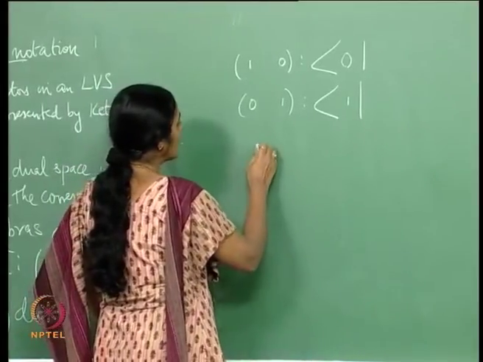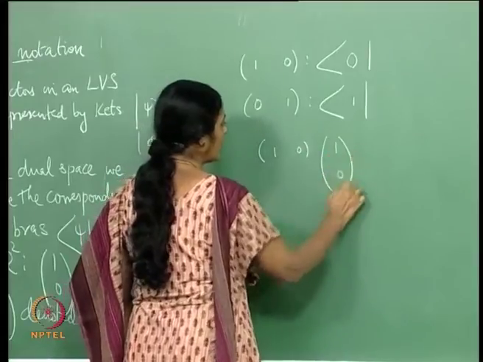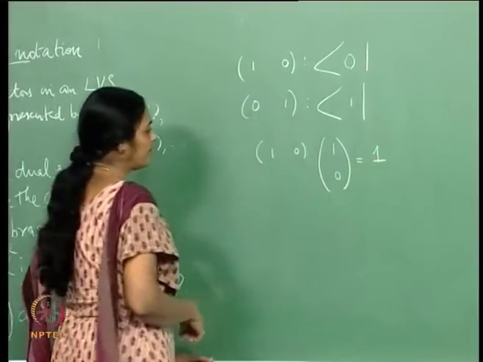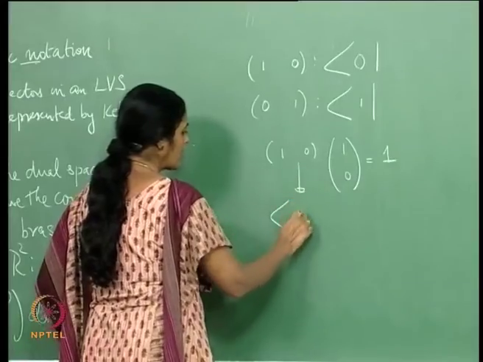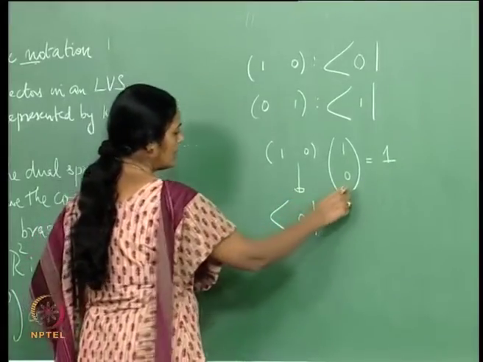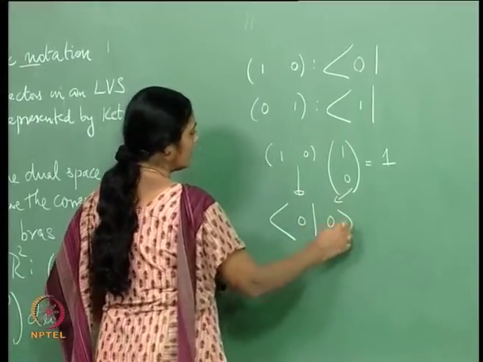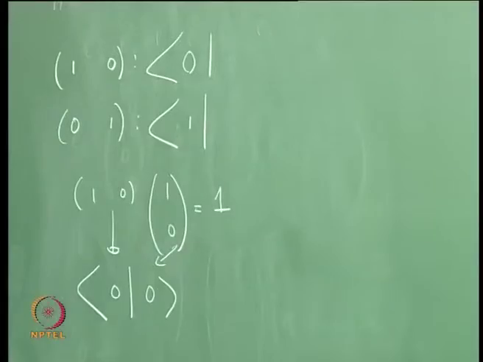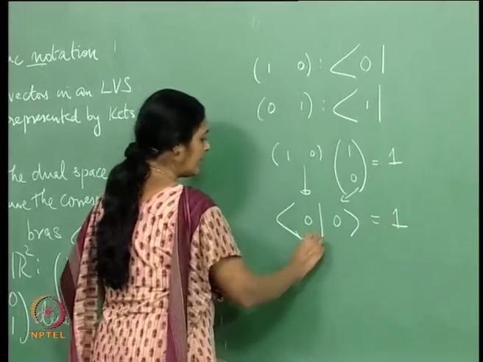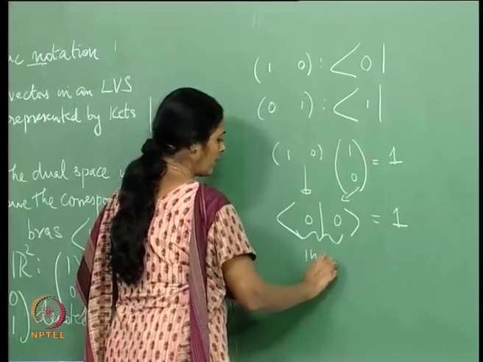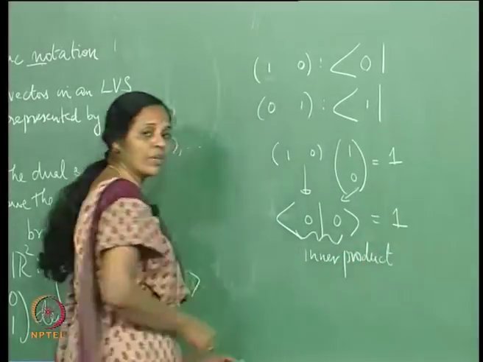Then how do I represent the fact that 1 0 with 1 0 is 1? Well, this object is bra 0, this object is ket 0, and this inner product, I call it an inner product, is 1.